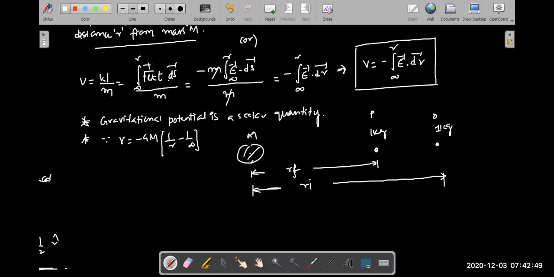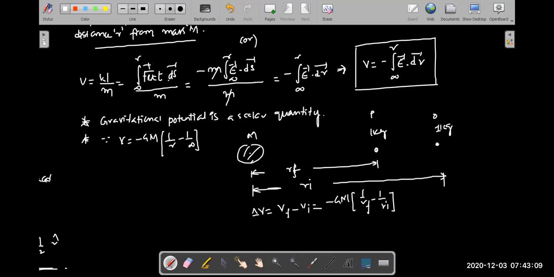But if you want to talk about the potential difference, delta V, that is final potential minus initial potential. That will be minus G capital M times 1 by r final minus 1 by r initial. Got the logic? So this is how you write the change in potential.